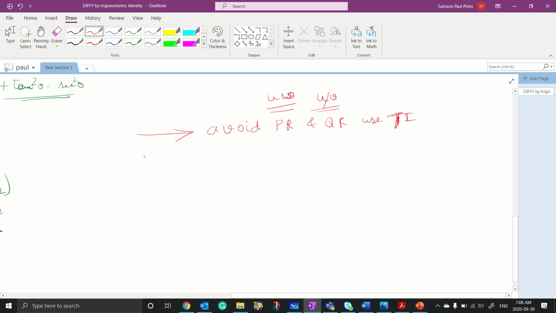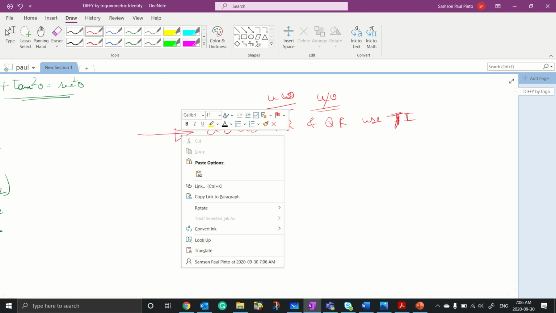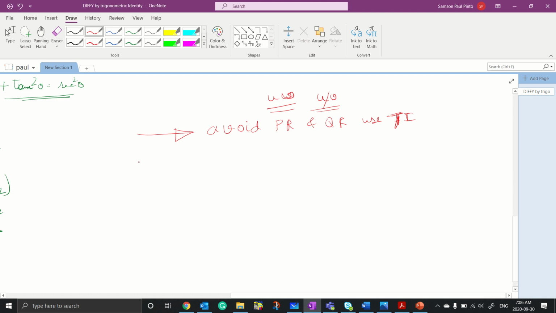and try to get them into some form of trigonometric identities. Okay, the second important rule is that in all cases, you have to know the trigonometric identities. It's very important that you understand and know a lot of trigonometric identities.